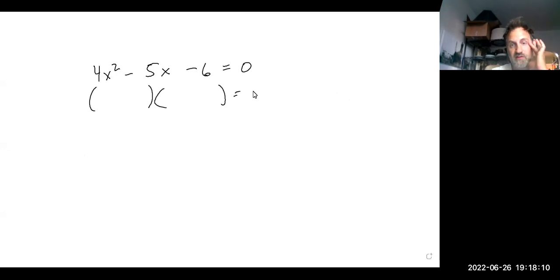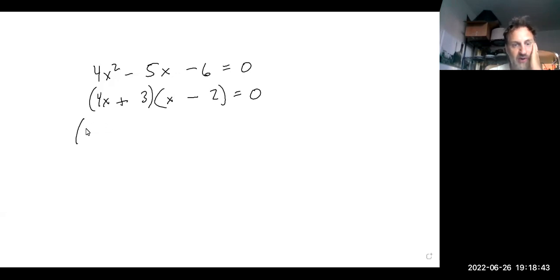I made this a little challenging for me to do on the fly, but let's see. 1 times 4, 2 times 3, 8 and 3. Okay, so 4x and x, and then I want to multiply by 2 and 3. That's going to make 8x and 3x, and I want the 8x to be negative because I want to have negative 5x. Okay, so I've solved this.